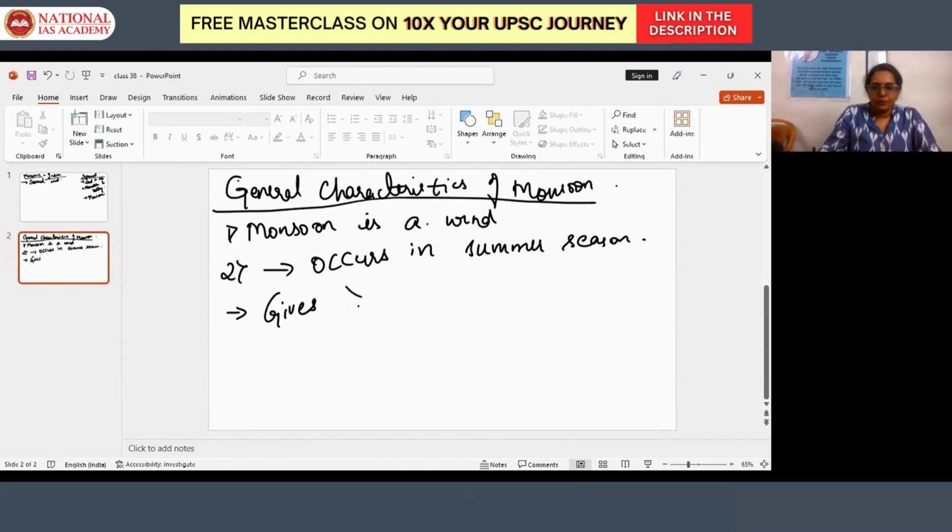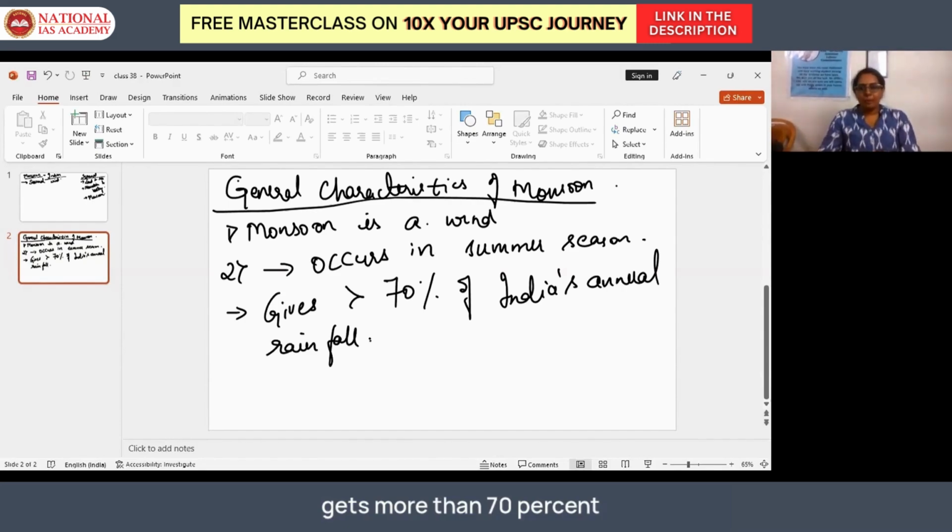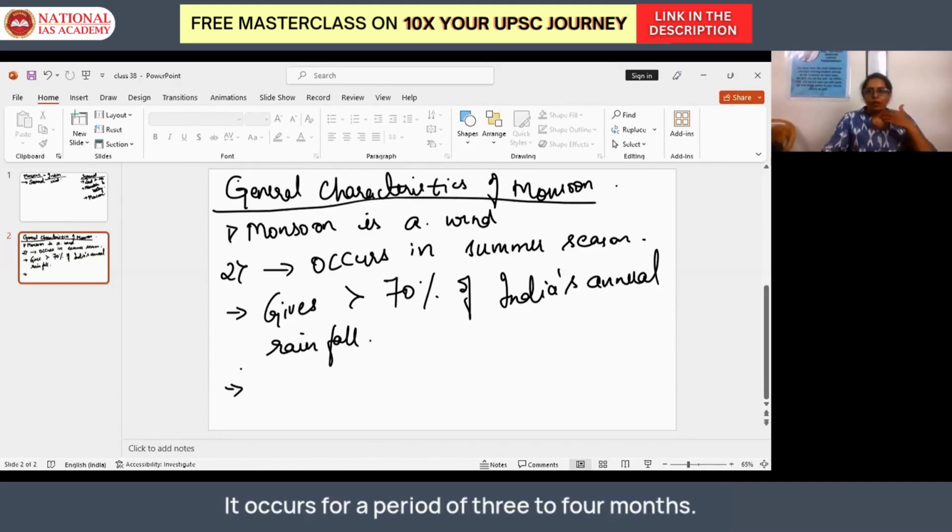Third, it gets more than 70% of India's annual rainfall. It occurs for a period of 3 to 4 months.